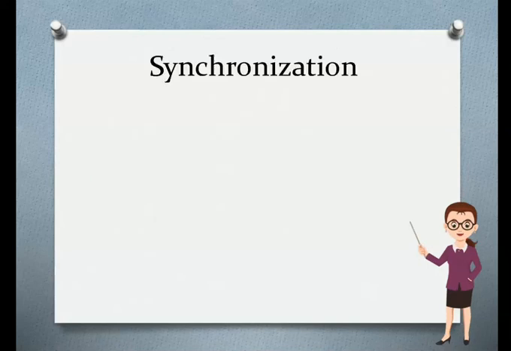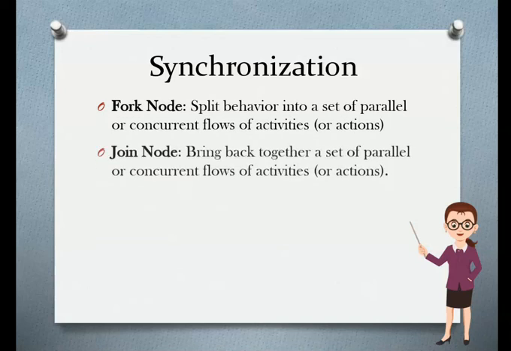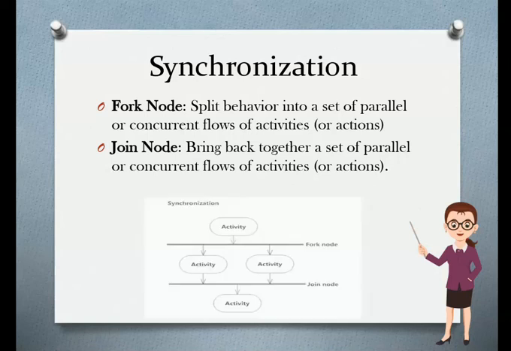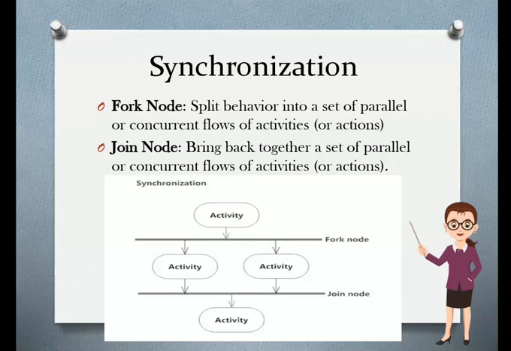So we'll see the notation for fork and synchronization. Fork generally splits behavior into a set of parallel or concurrent activities, whereas join brings back together a set of parallel or concurrent activities. So this is a representation of fork and join. Suppose I have one activity and that activity is split into multiple activities.